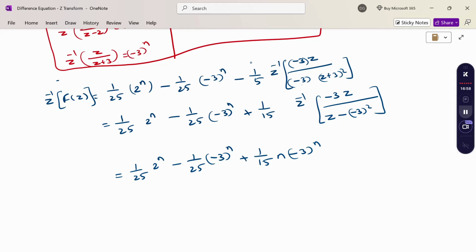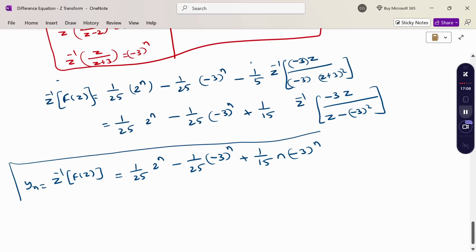So this is z⁻¹ of f(z), or y(n). So this is the equation.